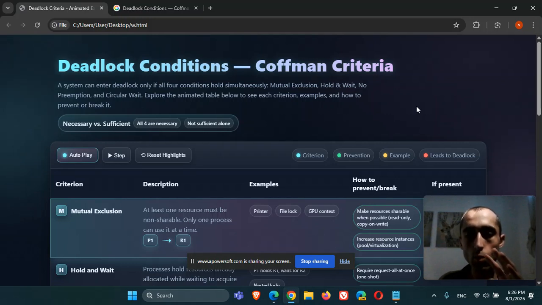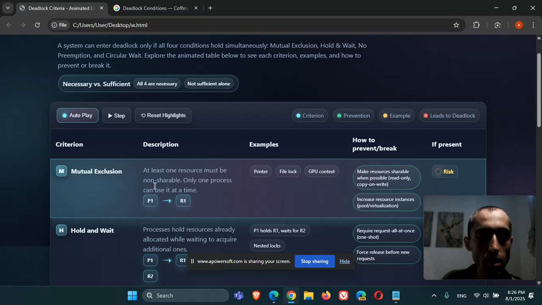Now, what are the four criteria, the Coffman criteria, for a deadlock to occur in operating systems? The first one is mutual exclusion, meaning that at least one resource must be non-shareable. Only one process can use it at a time.